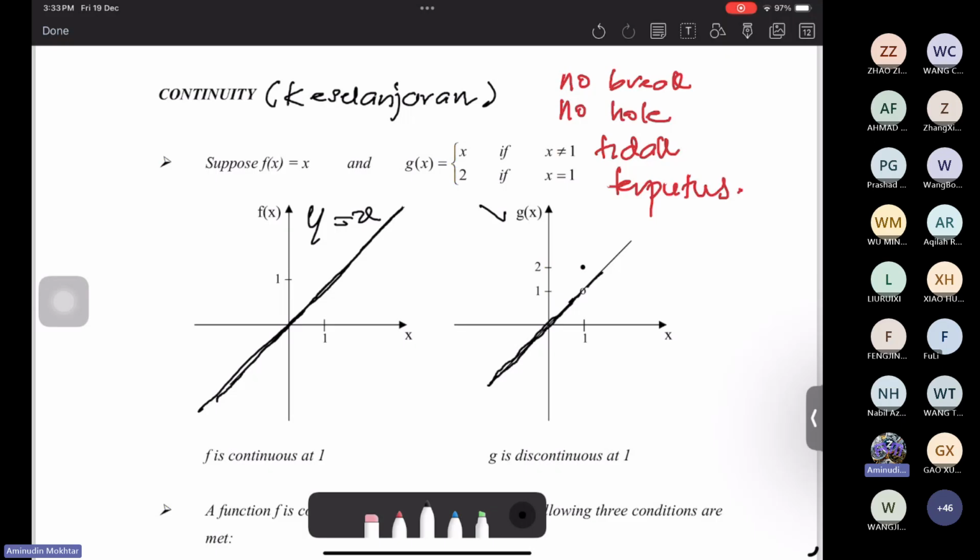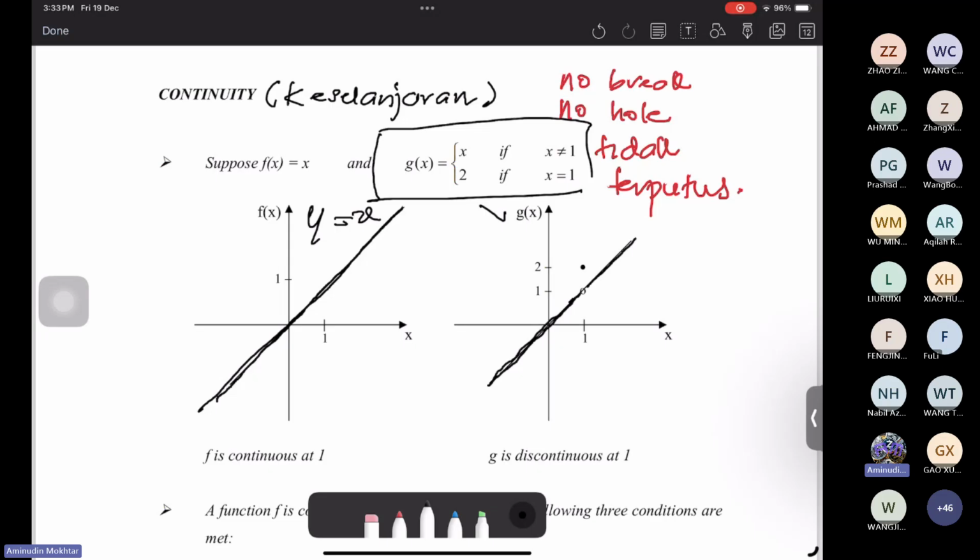And then when we want to continue, we need to jump that point, because if we refer to this function of g(x), how to read this function, how to define this function.